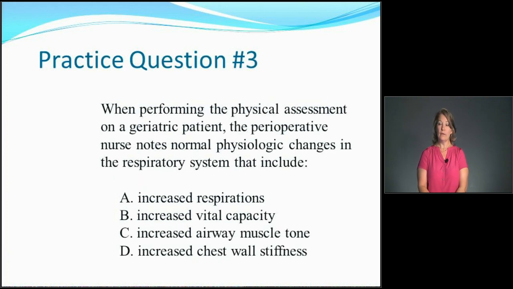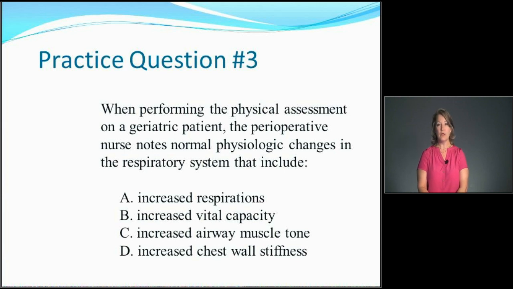So, question 3. When performing the physical assessment on a geriatric patient, the perioperative nurse notes normal physiological changes in the respiratory system that include. Well, perhaps if you're not familiar with the respiratory system and the geriatric population, this might be a question that you just skip. You really don't want to spend your time trying to figure out something if you're unfamiliar with the information to begin with.